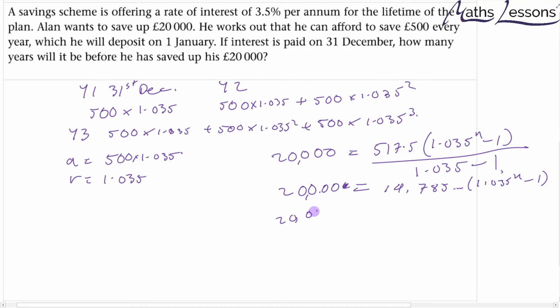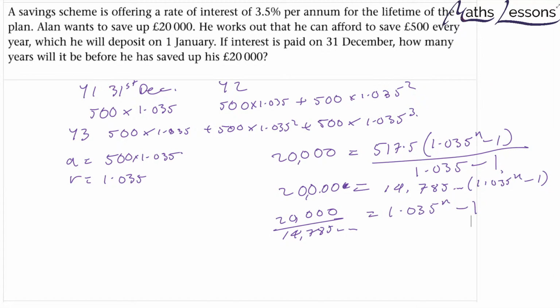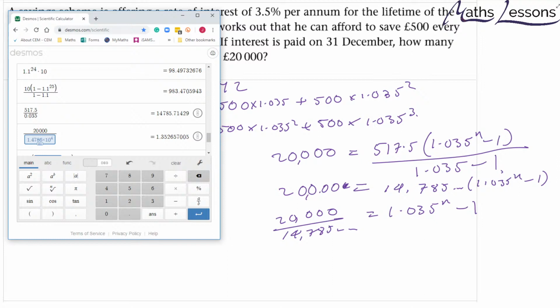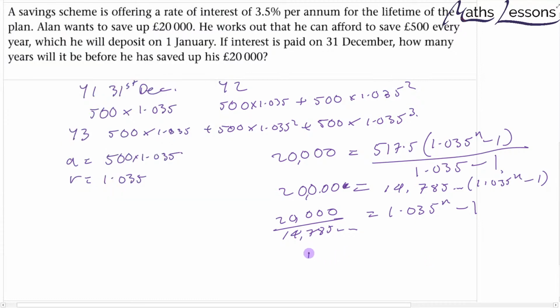So 20,000 divided by 14,785 and the rest is equal to 1.035 to the n minus 1. See, that comes out as 1.3526, roughly. 1.3526 equal to 1.035 to the n minus 1. Add on 1, we get 2.3526 equal to 1.035 to the n.